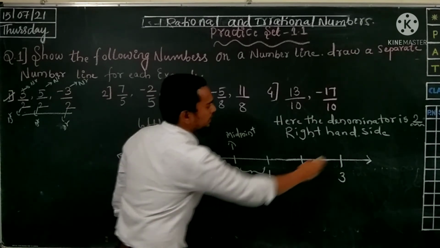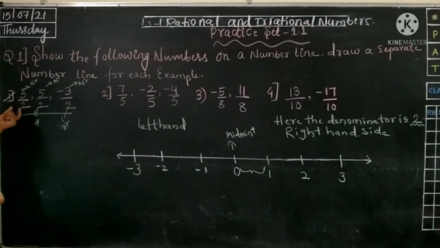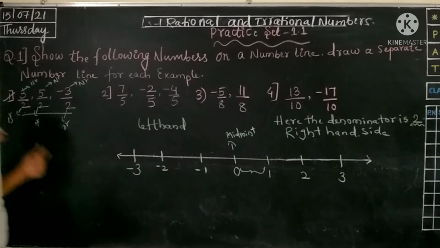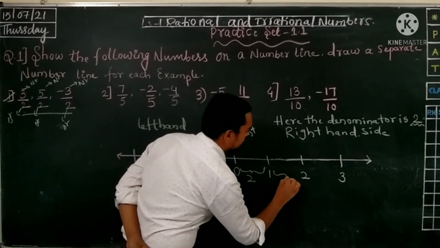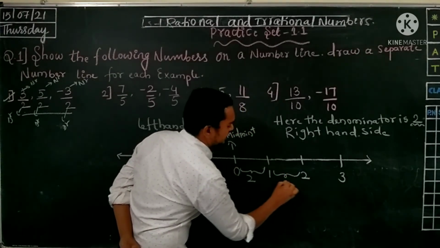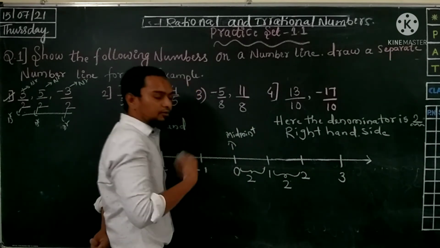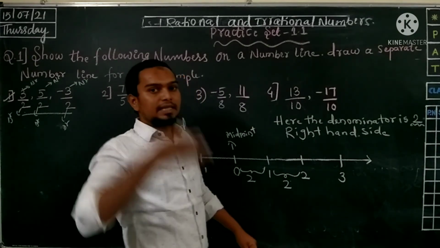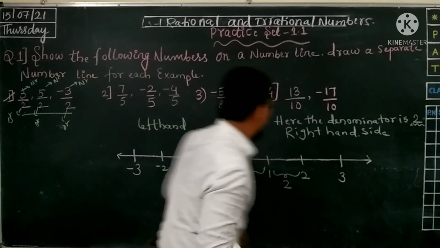The difference between 0 to 1 is 2. Why are we taking 2? Here the denominator given is 2. The difference between 1 to 2 is 2, because the denominator is 2.